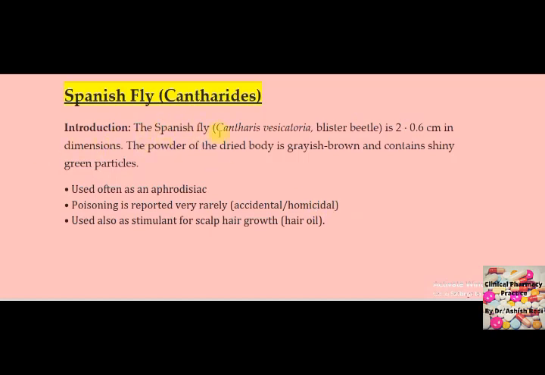The Spanish fly, or blister beetle, is 2 by 0.6 centimeter in dimension. The powder of its dried body is grayish brown and contains shiny particles. After burning this insect, it gives us a powder that is used as an aphrodisiac.